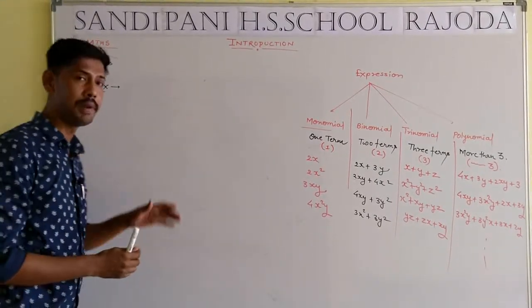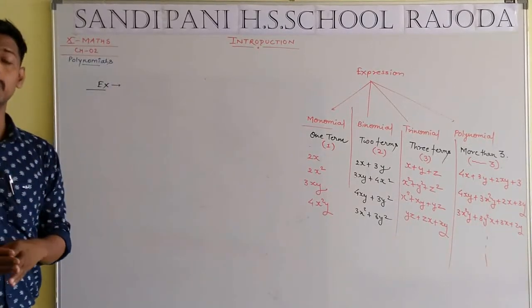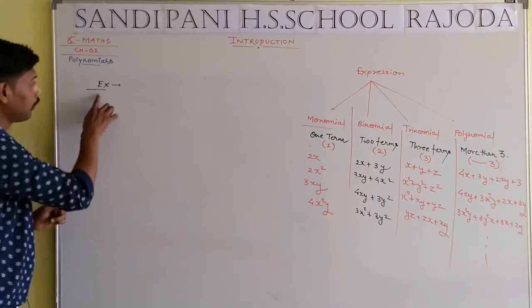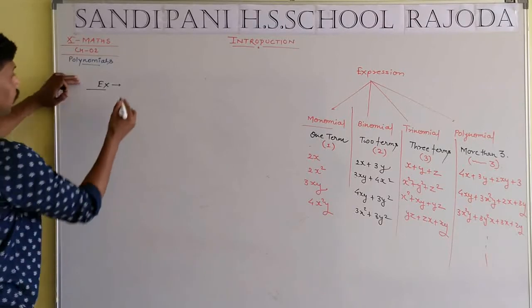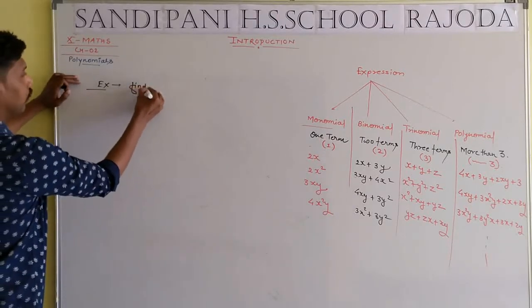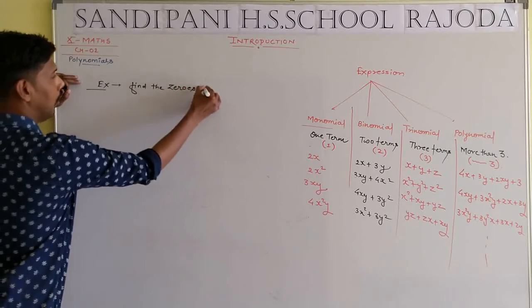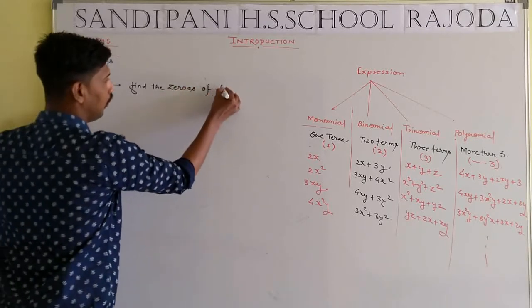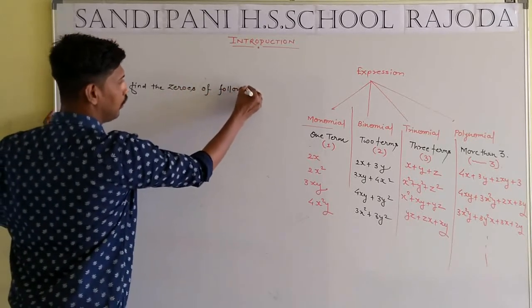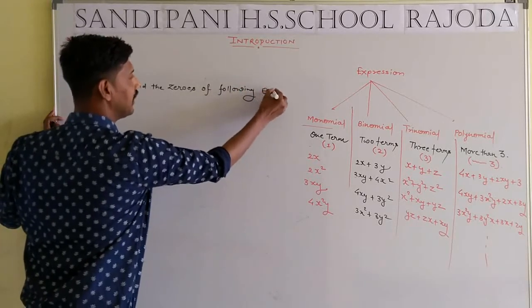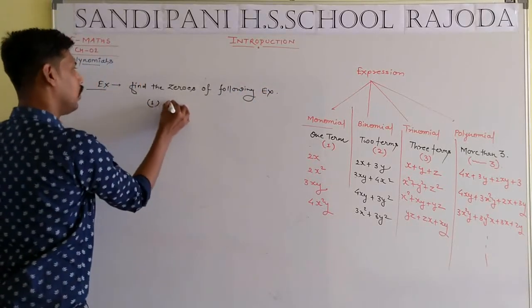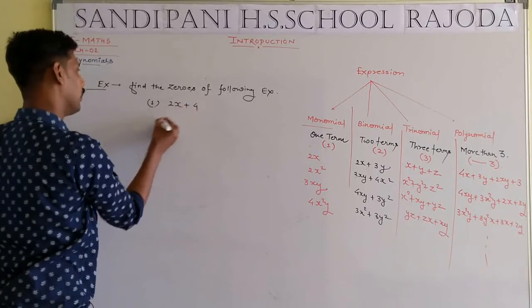Students, now I explain the meaning of zeros. In the form of a question, for example: find the zeros of the following expressions. First one, 2x plus 4.